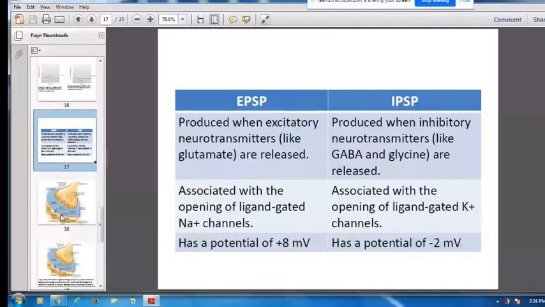It was glutamate. IPSP is produced when inhibitory neurotransmitters like GABA and glycine are released. EPSP is associated with opening of ligand-gated sodium channels. IPSP is associated with opening of ligand-gated potassium channels. If you remember this much, it will be enough.